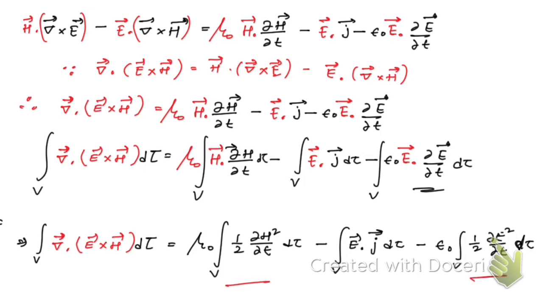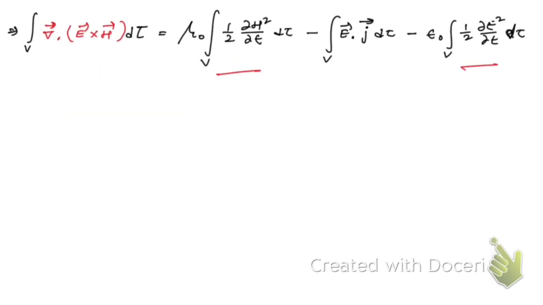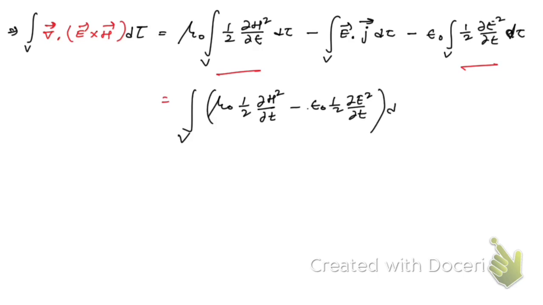Now combining these two terms, let me copy this last step and go to a new slide. Then what you're going to have is mu naught, volume integral, half del H square by del t, minus epsilon naught half del E square by del t, d tau.